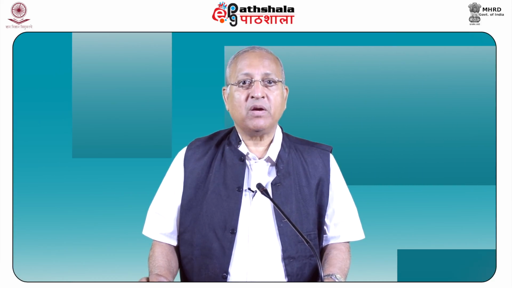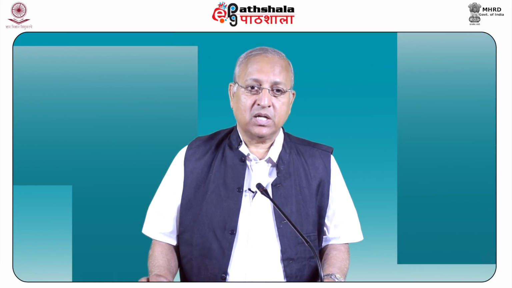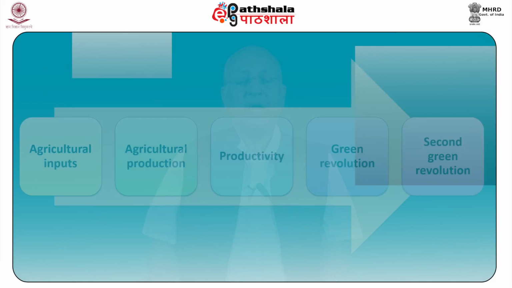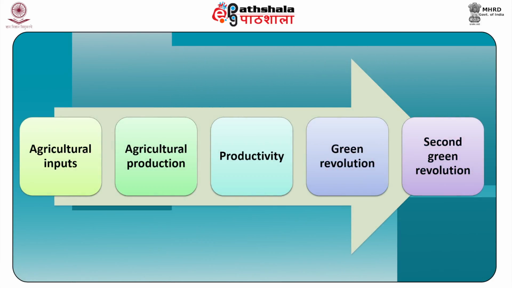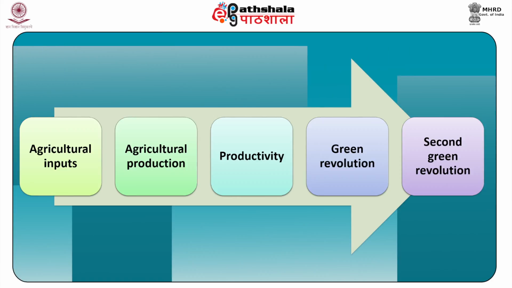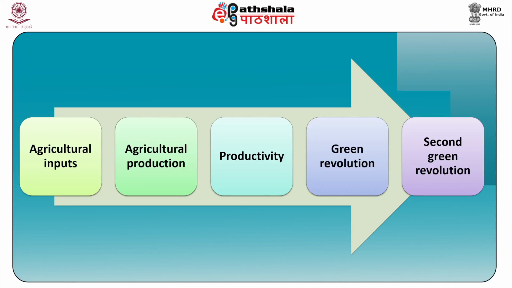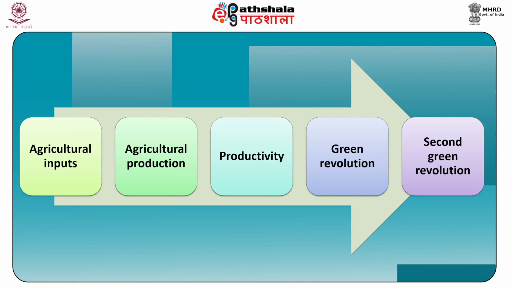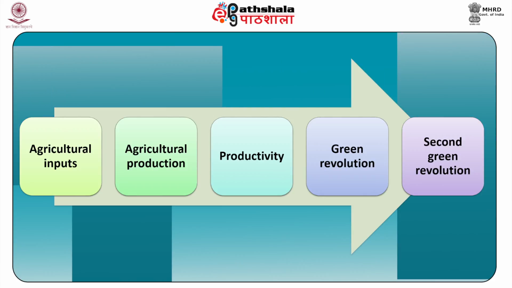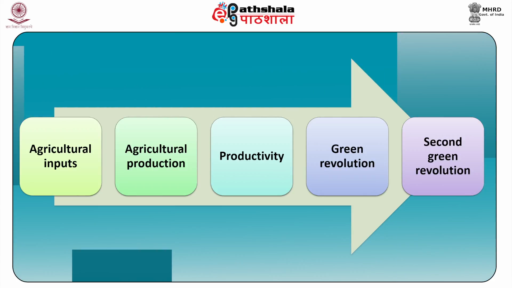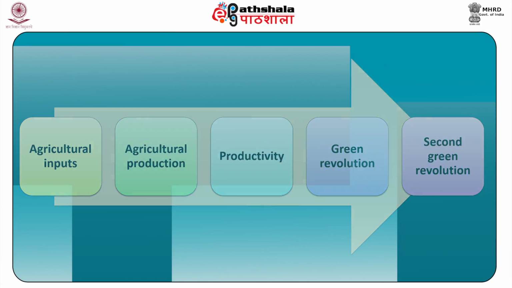In the forthcoming week, in the second week, the focal point of the discussion would be about agricultural inputs, agricultural production, productivity in India, and the future prospect of green revolution, which had unfolded in the late 60s, and the second green revolution, which is now unfolding.